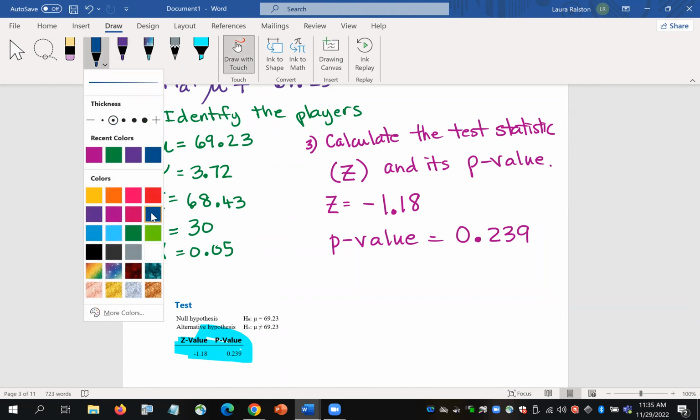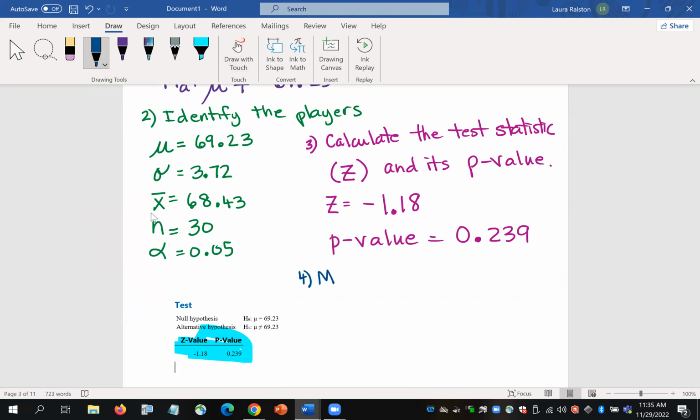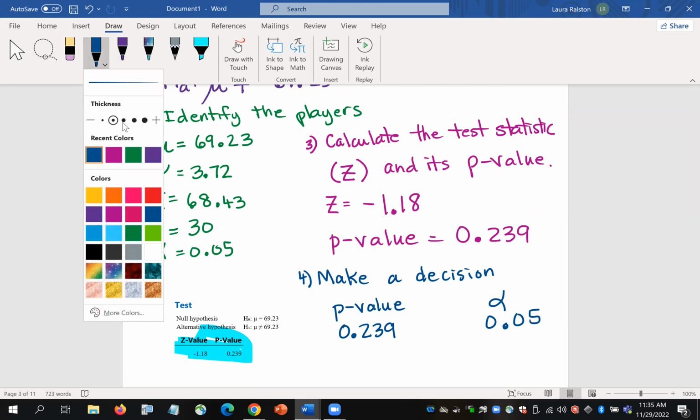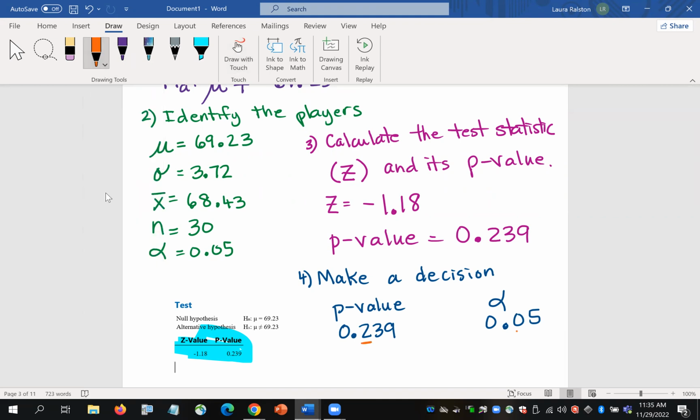The next step is to make a decision. We compare the p-value to the level of significance. So I have 0.239 compared to 0.05, comparing digit for digit. 2 compared to 0. 2 is greater.